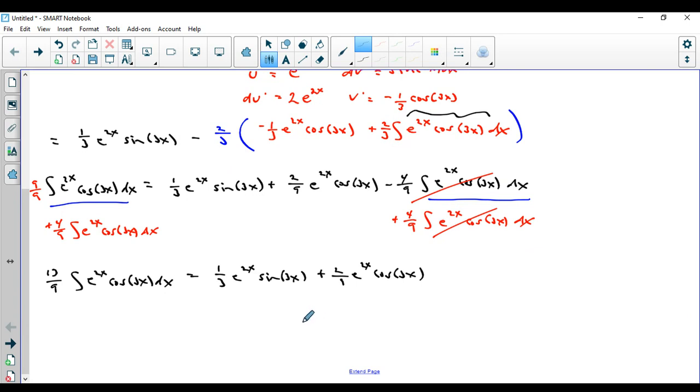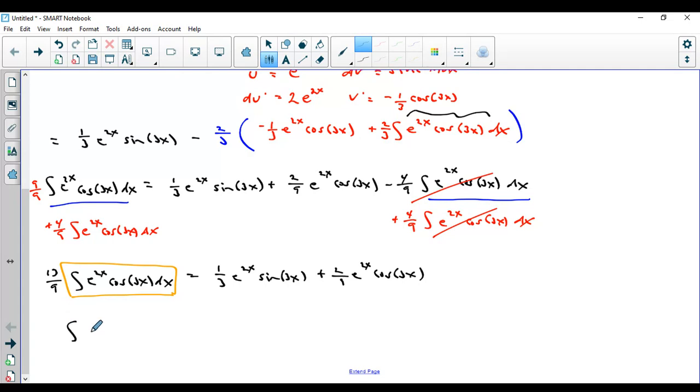So you're like, well, what did you just do? Well, think about this now. There's no more integral on this right side, and the integral that we want to solve for happens to be right here, right? You're like, well, what do I do with that 13/9? Well, again, back to middle school algebra here. Just multiply both sides by 9/13, right? That's going to whack it out on the left side, and you're going to get it on the right side.